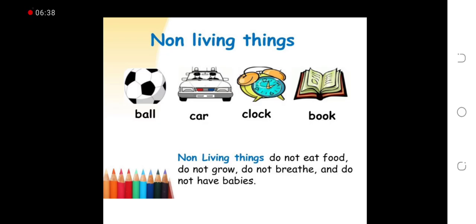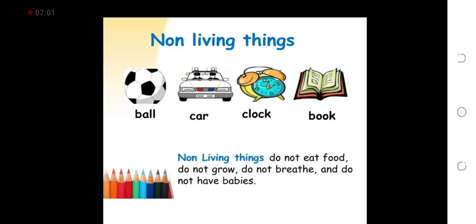For example, a ball, car, clock, book, mobile phone, your clothes, everything around you that you can see, and it is hard and it is not growing, it means it is a non-living thing.